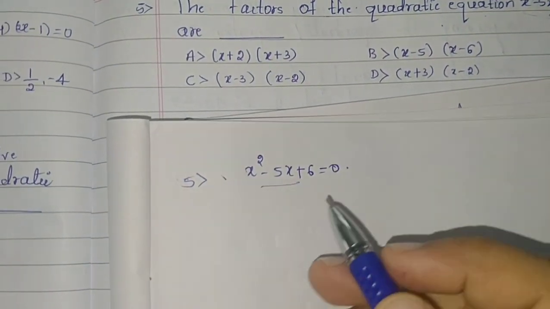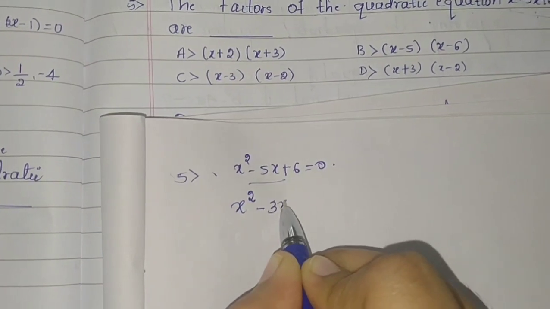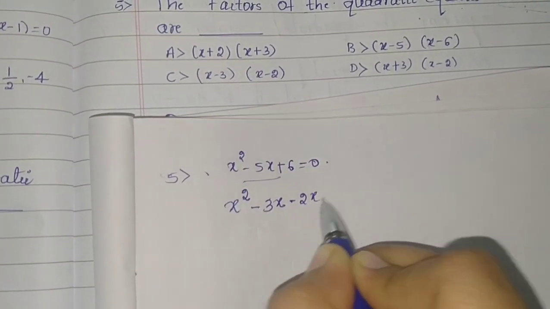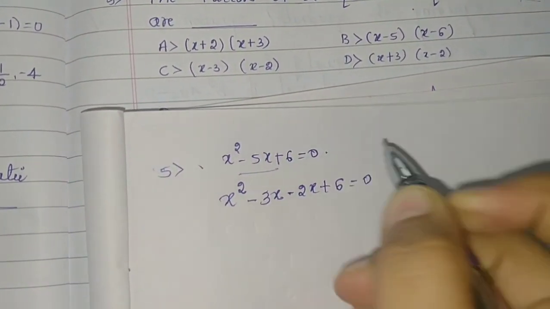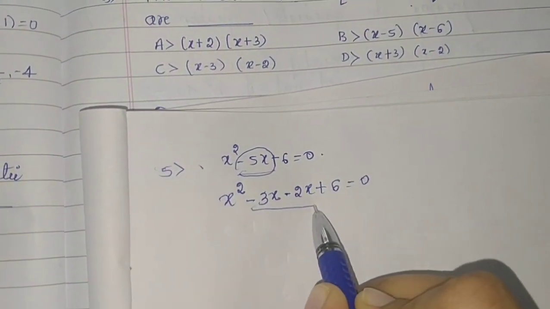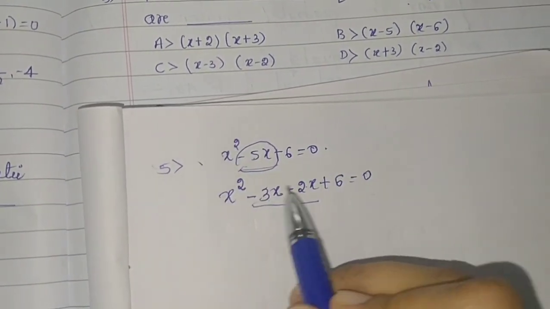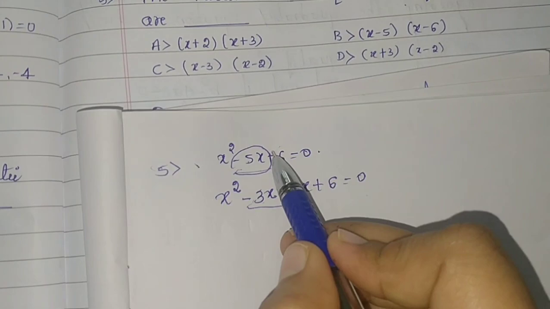Now this middle term can be split as x square minus 3x minus 2x plus 6 equals 0. So this minus 5x can be written as minus 3x and minus 2x. As you know, when you add these you get minus 5, and when you multiply you get plus 6.